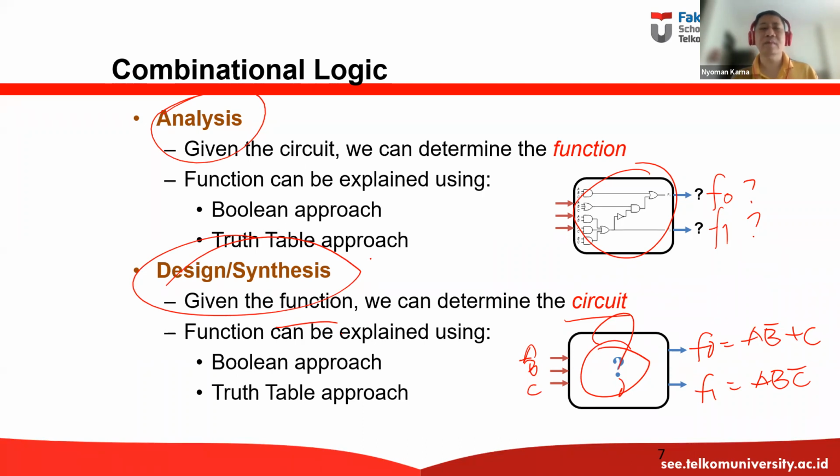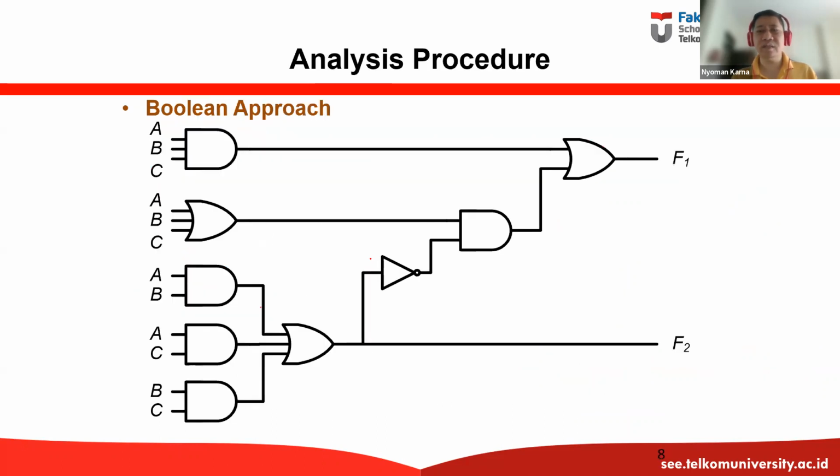Okay. Now, let's try an example for the analysis. We have this circuit and we want to identify what the function is. What is F1 and what is F2? To do this, we need to start from the left side to the right. So we start from the input until it reaches the output.